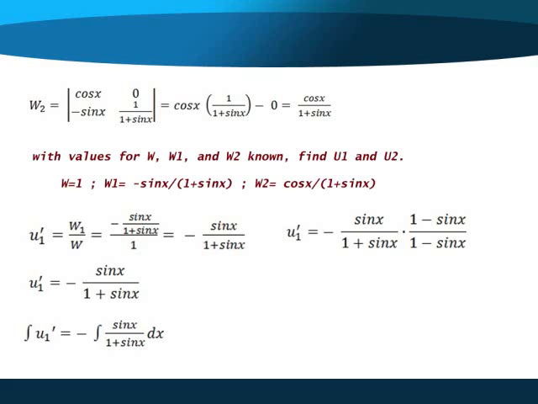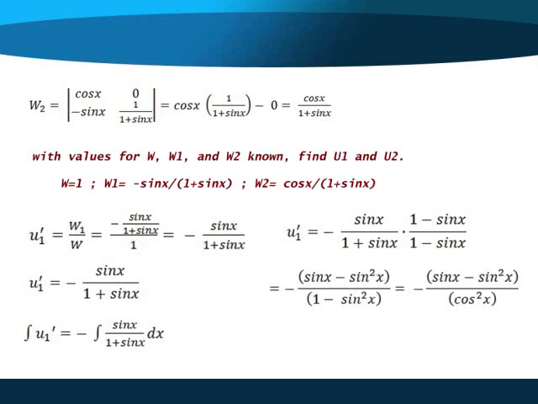So now we have the negative of the quantity sine x minus sine squared x all over 1 minus sine squared x. Note that 1 minus sine squared x could also be written as cosine squared x. And so we have the negative of the quantity sine x minus sine squared x all over cosine squared x.